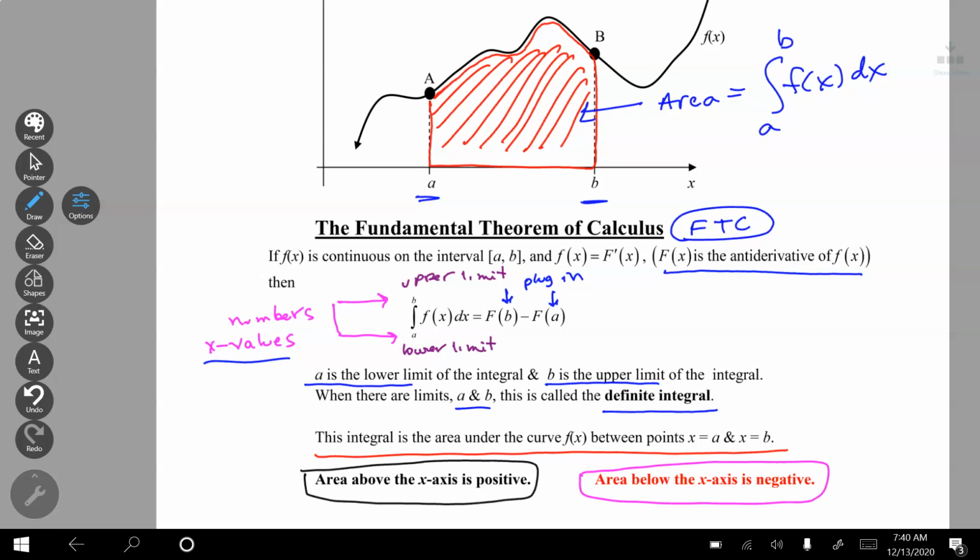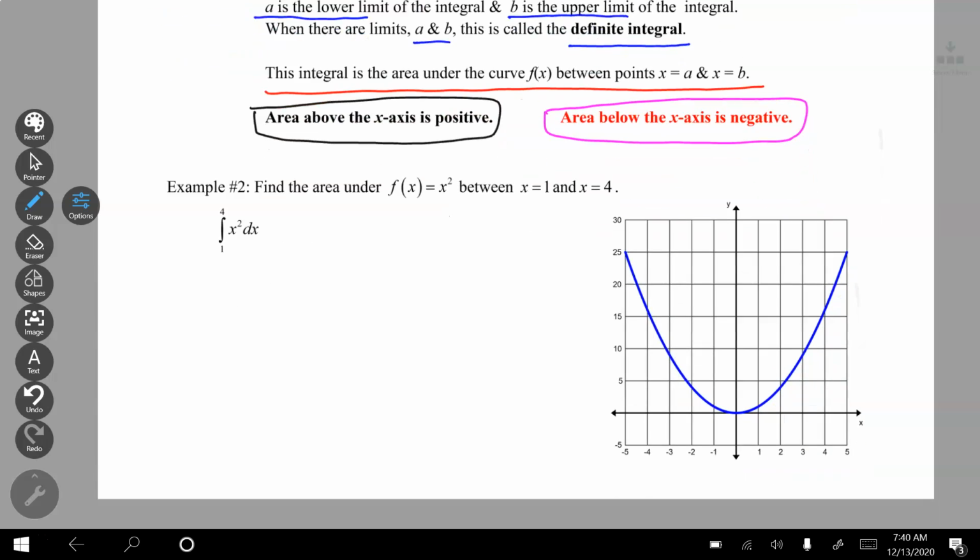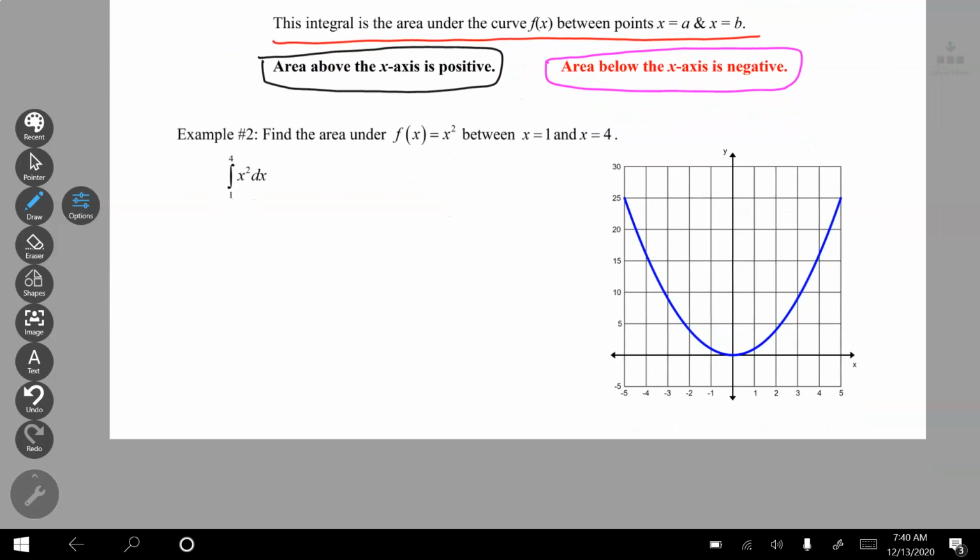Okay, so let's go through an example. So I'm trying to find the area between x equals 1 and x equals 4 underneath this parabola. Obviously there's no geometric formula for area here.